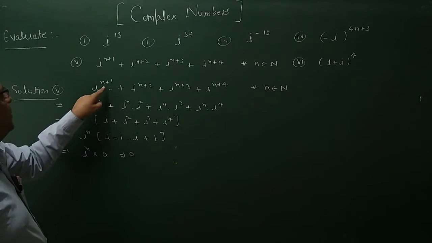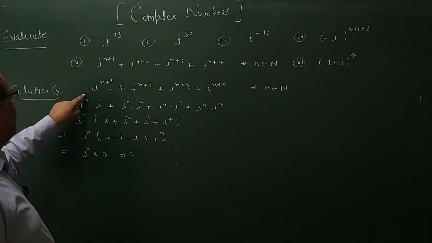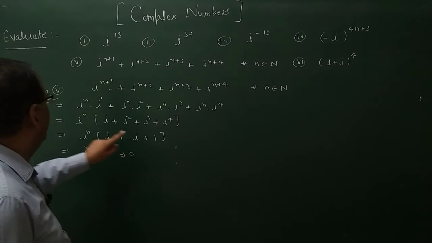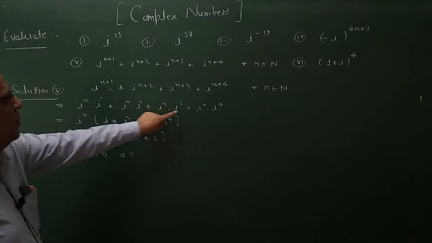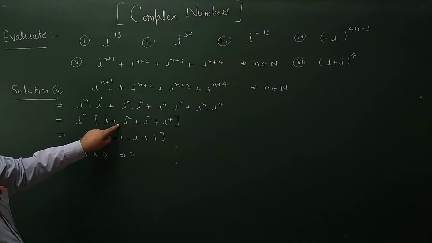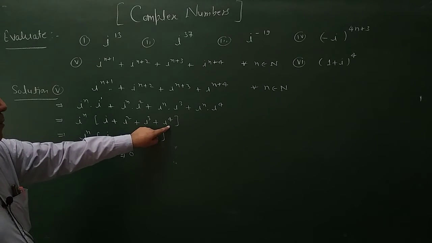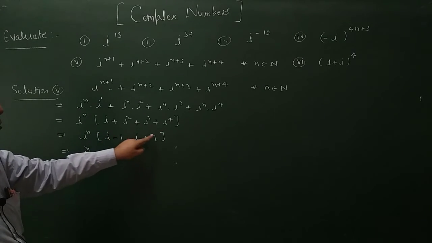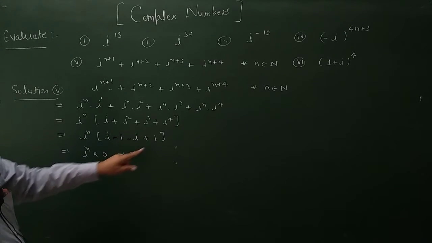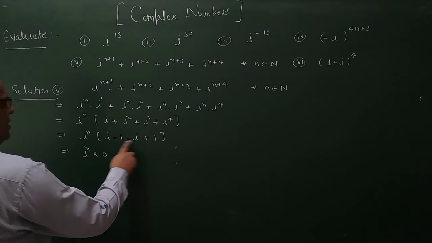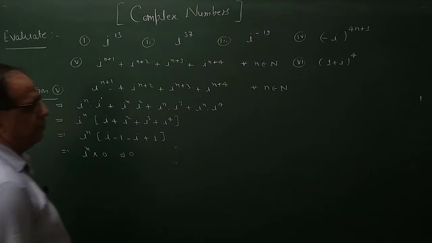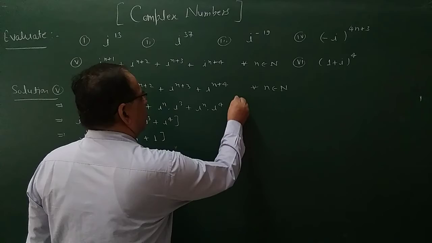So first we split the power, iota to the power n into iota to the power 1, similarly the remaining terms. Now take iota to the power n common from each term, so we have iota to the power n, iota plus iota square plus iota cube plus iota power 4. These are the values according to the properties of iota. All these terms cancel out. We have iota to the power n into 0. Finally we have 0.